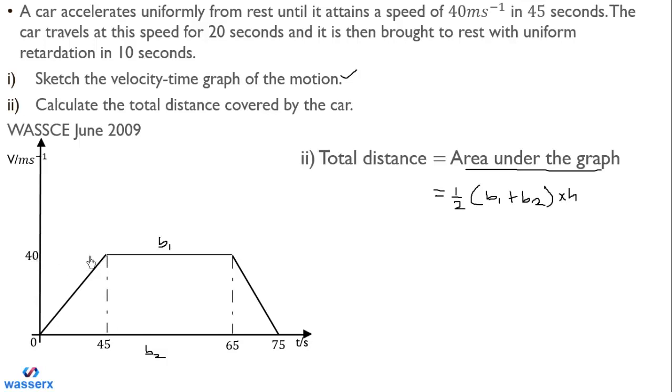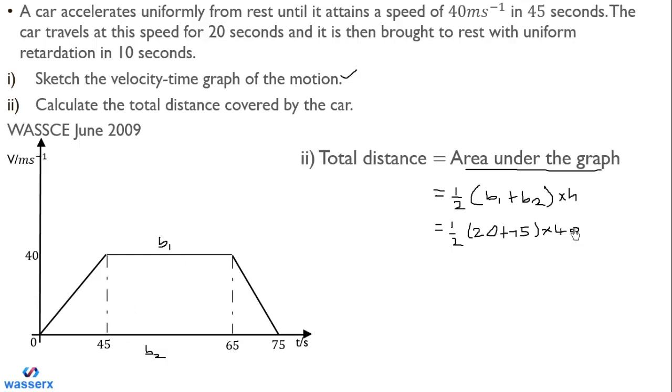So we just have to plug in these values to find the distance covered. We know the perpendicular height is 40, and the bases are, the first one is from here to here, so that will be 20, since 65 minus 45 gives you 20. Then the second base is from here to here, so that will be 75. So we multiply it by the height, which is 40.